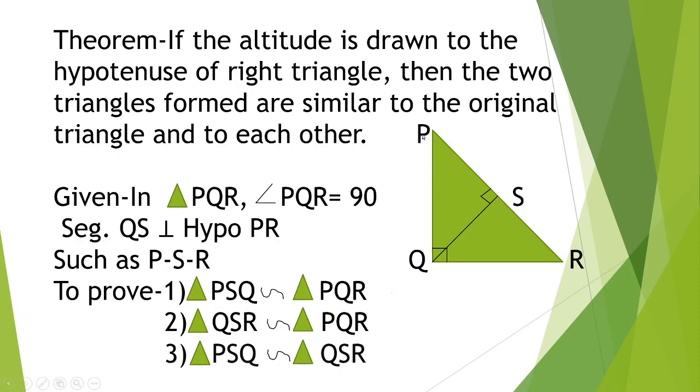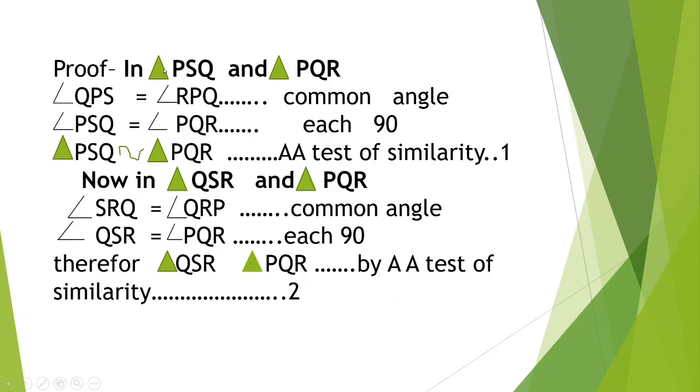And second, in PSQ, S is a 90-degree angle. In PQR, Q is also a 90-degree angle. So in triangle PSQ and triangle PQR, angle QPS is congruent to angle RPQ, a common angle you see in the figure.